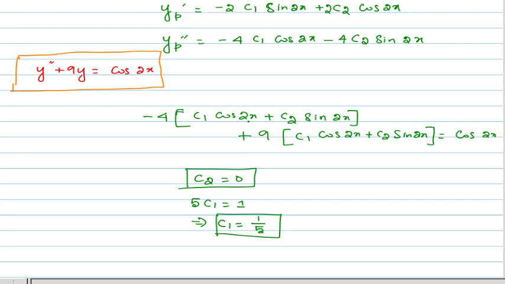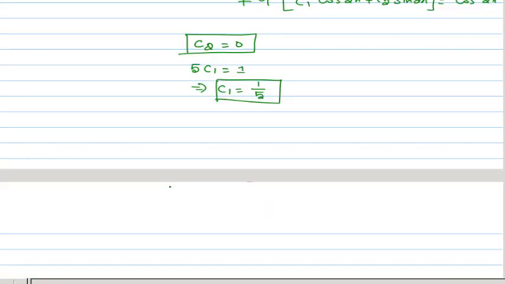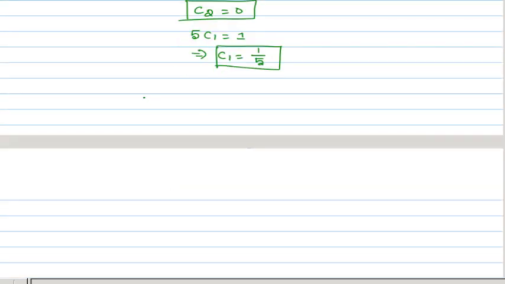Then what is my yp? yp is nothing but 1 over 5 cos 2x.